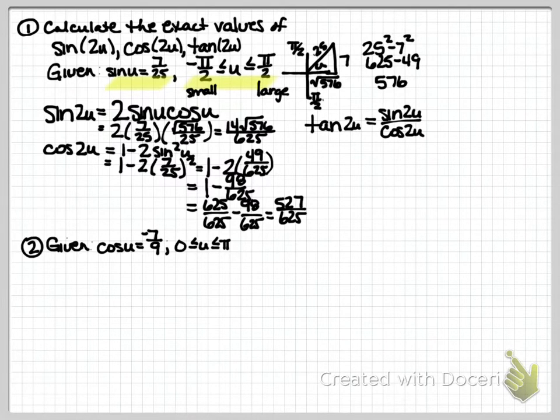Well, the sine of 2u is this one. Well, that value is right here. So I'm just going to write that in. And that was 14 times the square root of 576 divided by 625.